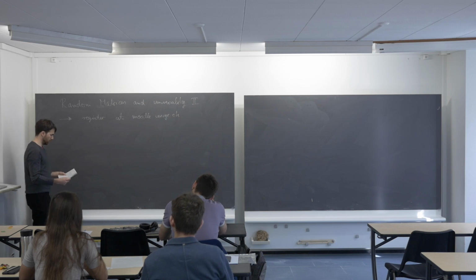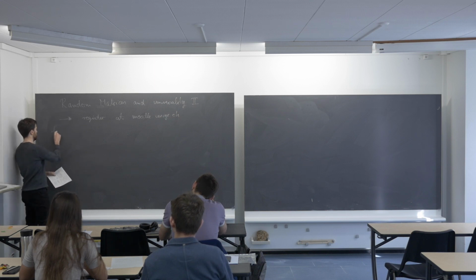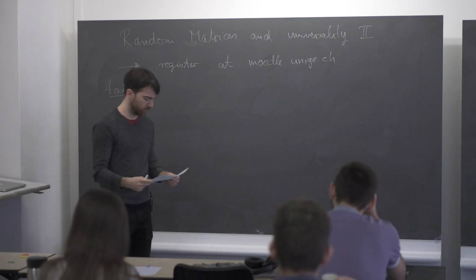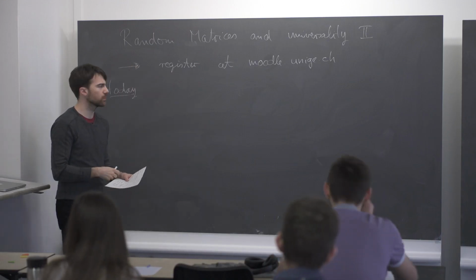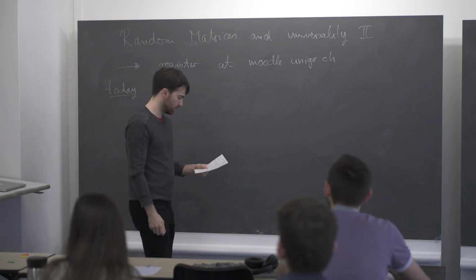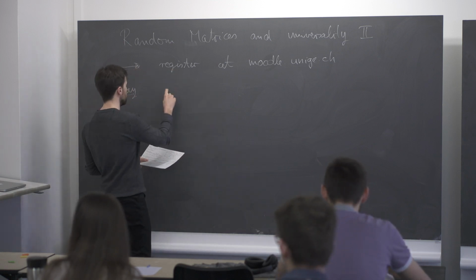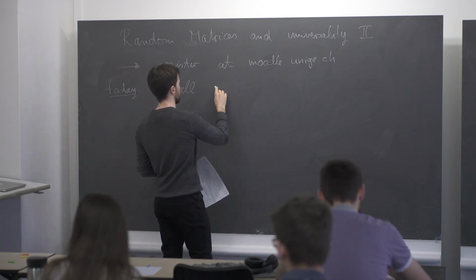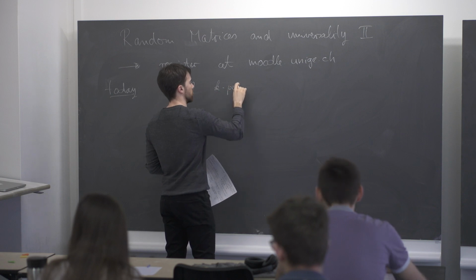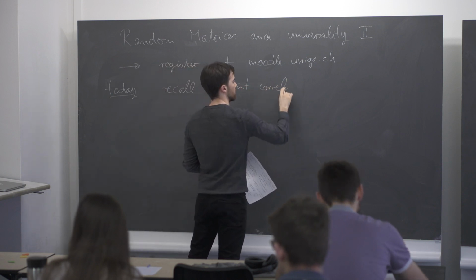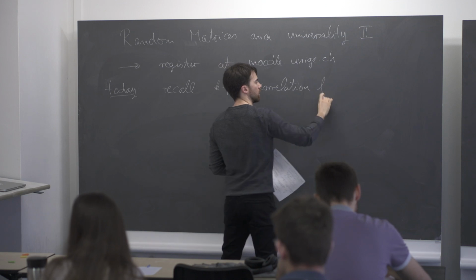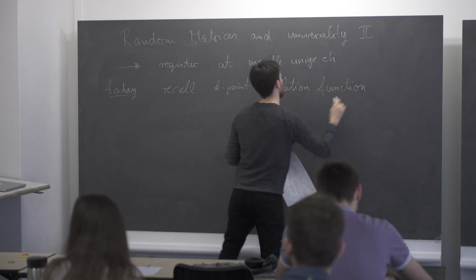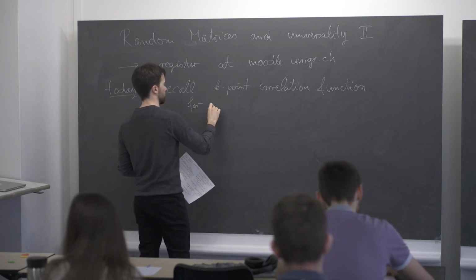Okay. So maybe I quickly say what I want to do today, and then in some sense the real start of the course is next week when I give a small introduction into what we are going to do throughout the semester. So maybe today I recall the k-point correlation function for the eigenvalues of GUE.